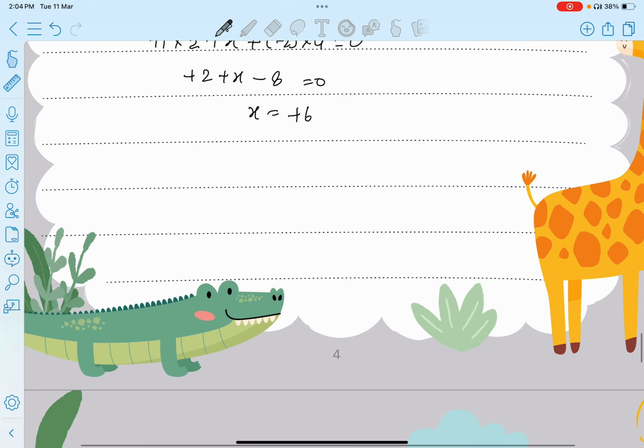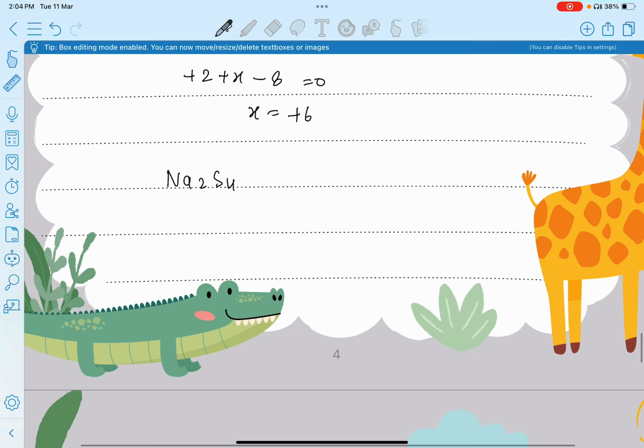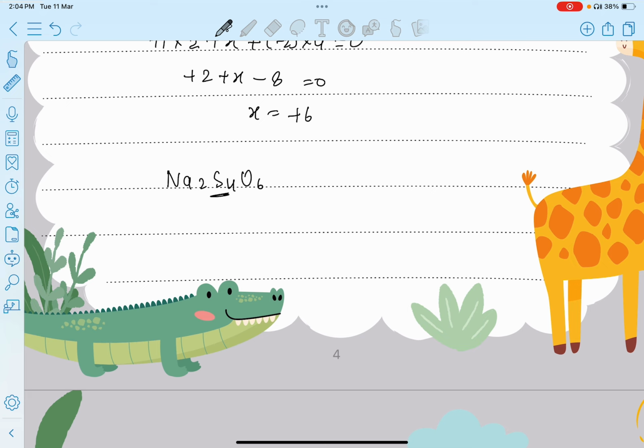the oxidation state of sulfur in Na2S4O6. Okay, Na2S4O6. So sodium is an alkali metal, so it always has plus 1, for 4x because one sulfur has x, and oxygen is minus 2 multiplied by 6, equal to 0.